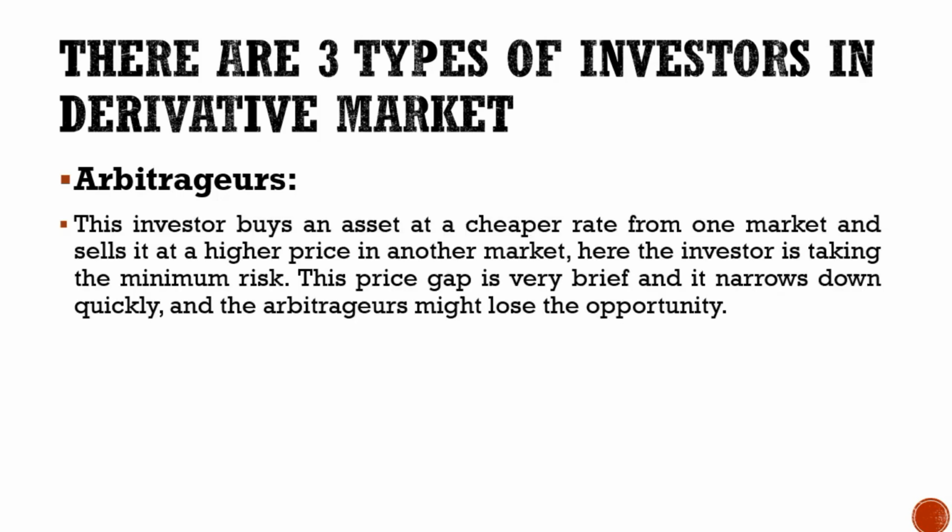This investor buys an asset at a cheaper rate from one market and sells it at a higher price in another market. Here, the investor is taking minimum risk. This price gap is very brief and it narrows down quickly, and the arbitrageur might lose the opportunity.